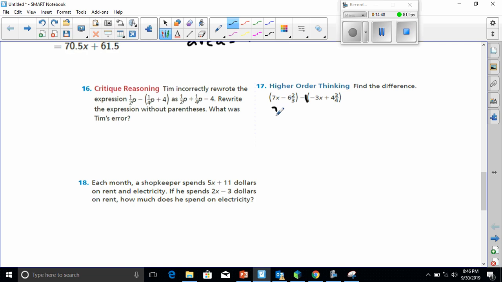So this is going to be 7x minus 6 2/3. And this is going to be a negative times a negative, that's a positive. And a negative times a positive, that's a negative.